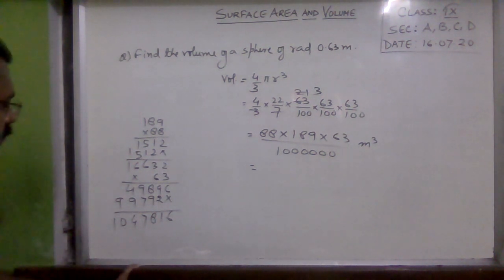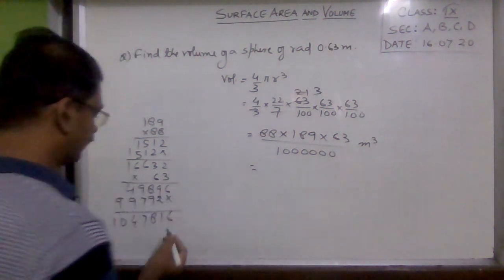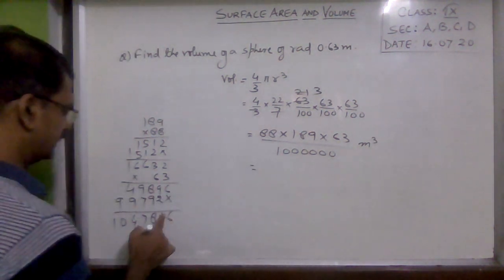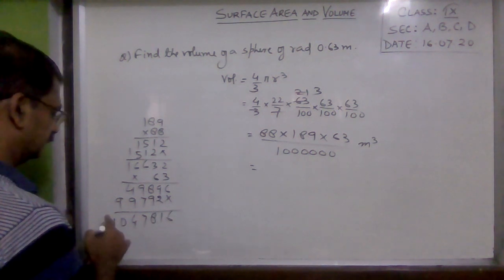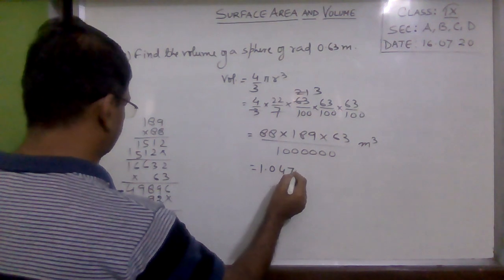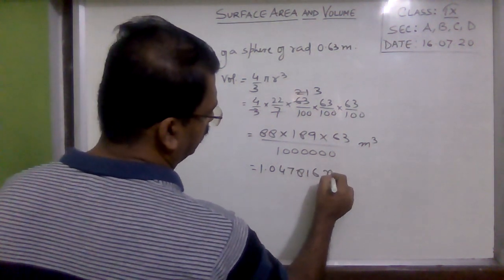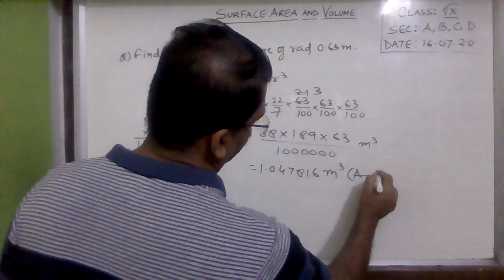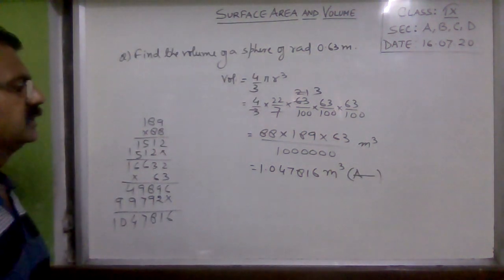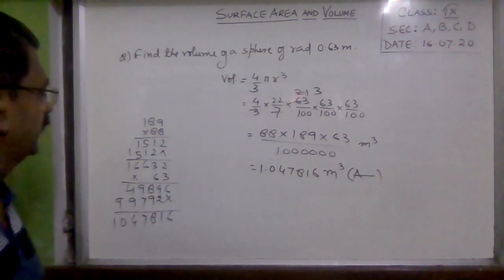So it is 1047816, and then you have to put the decimal after 6 digits. So 1.047816 meter cube is the volume of the sphere.